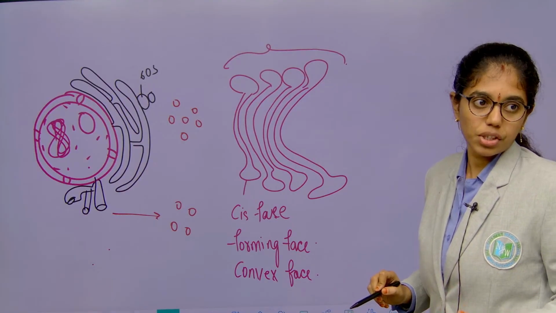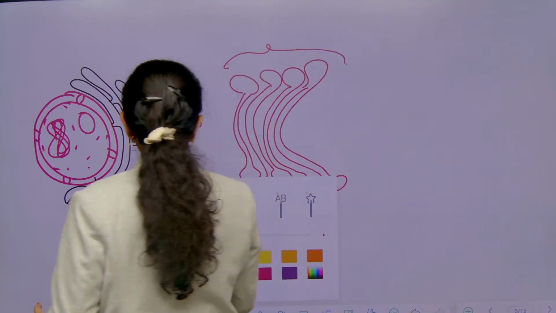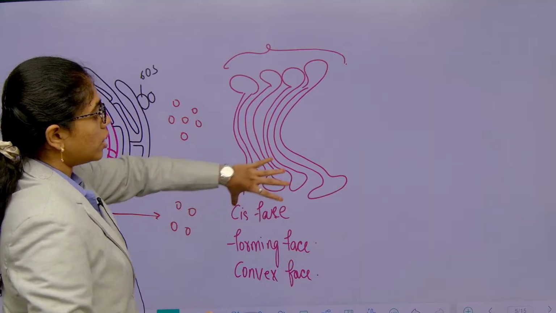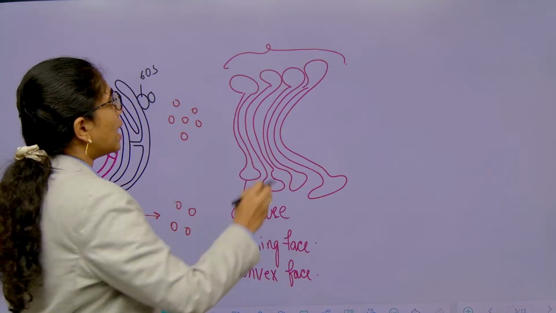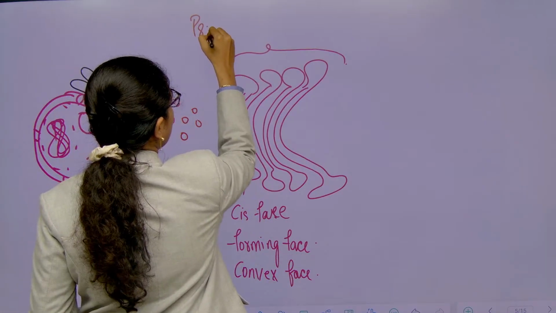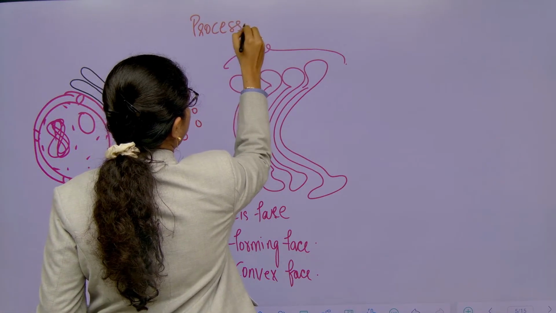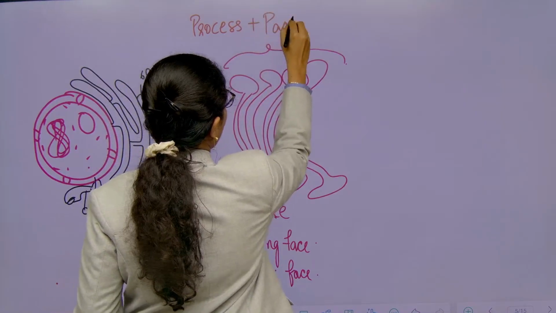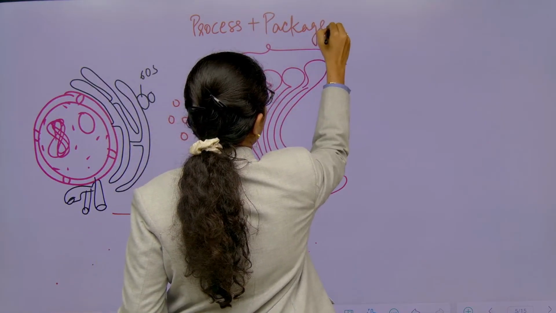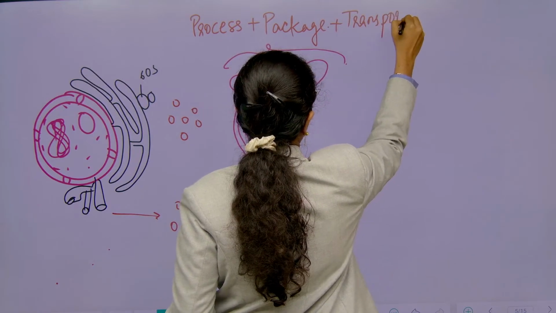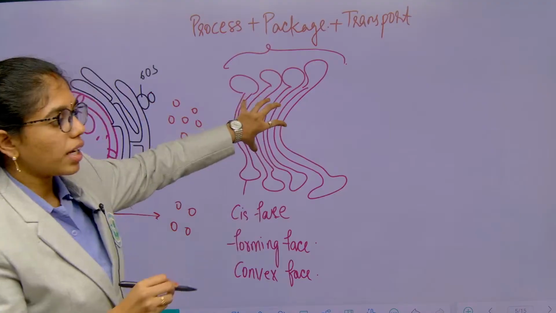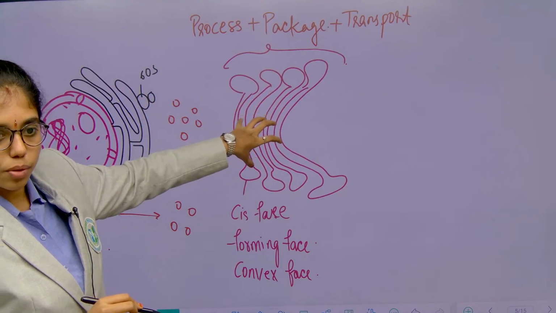Processing and packaging happen. Golgi bodies, also called Golgi complex or Golgi apparatus, are the major sites inside which processing, packaging and transport take place.